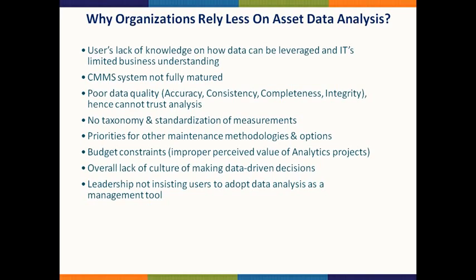Other things we have seen are the taxonomy and standardization of measurements. A lot of times KPIs are defined, but they may mean something else to a particular group than to the other group. And if there is no formal process of defining or standardizing these measurements, then it is always subject to interpretation and misinterpretation.